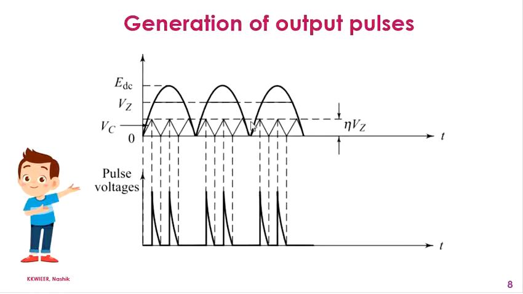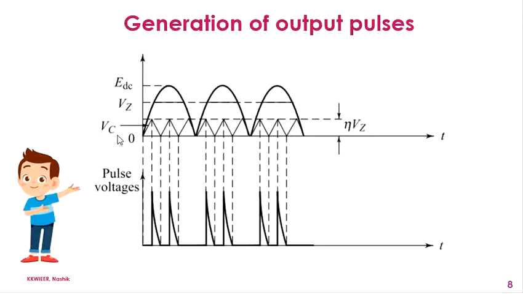So this is EDC, and due to Zener diode it gets clipped. So this is Vz. So this value will be Vz and this value will be eta into Vz. The value of eta is 0.75 to 0.85.